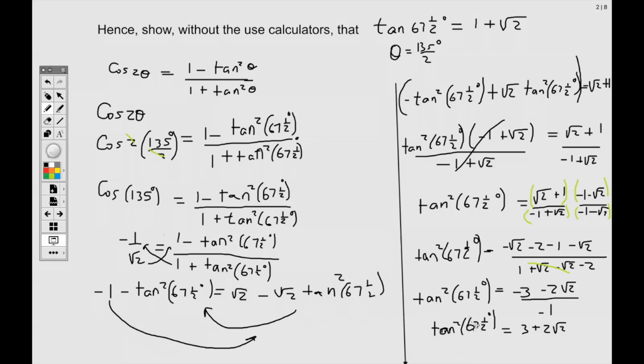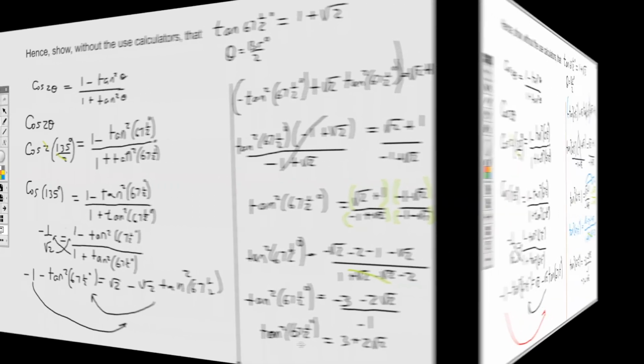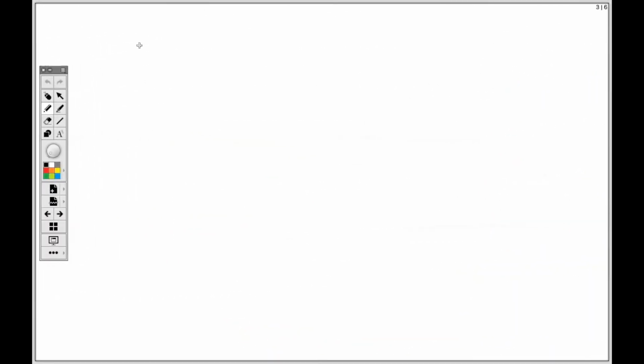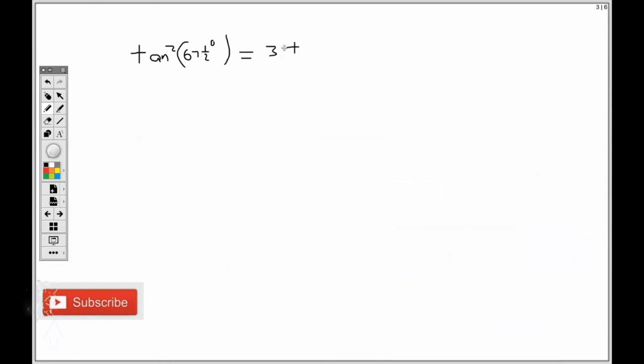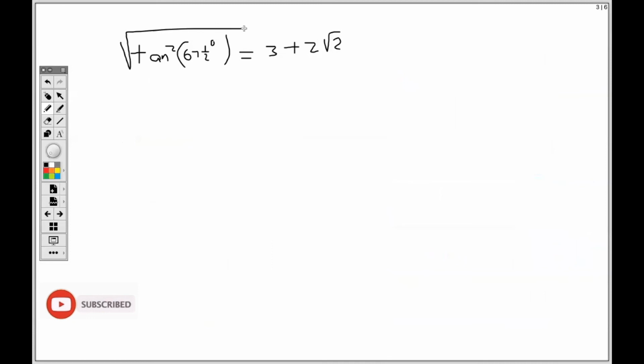Now, because there's a square, we have to square root. So we have tan square 67.5 degrees is equal to 3 plus 2 root 2. Now to get rid of the square, we square root both sides.